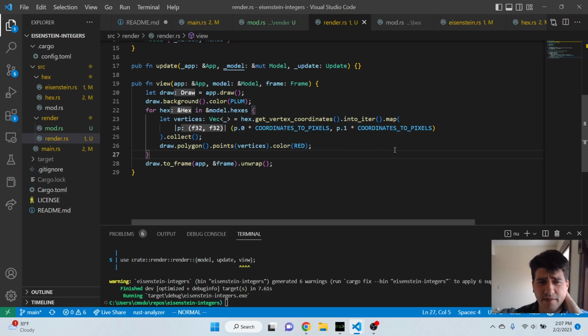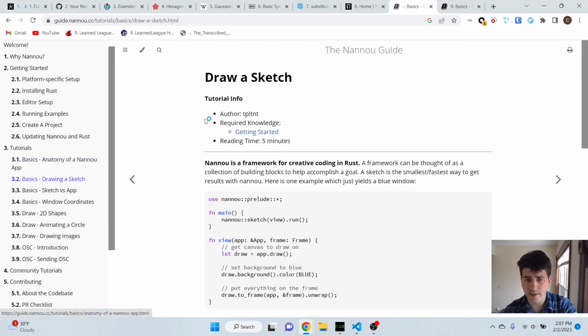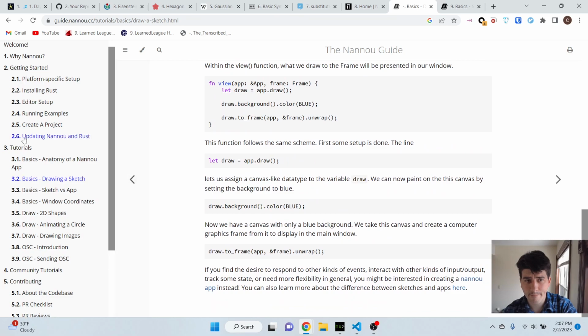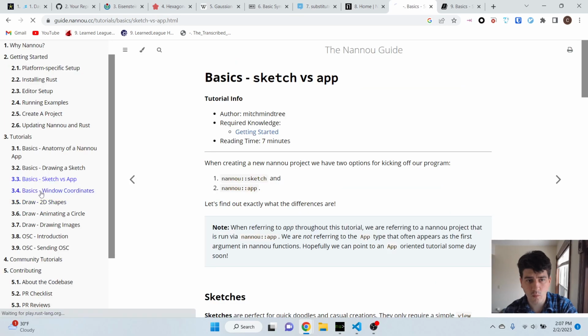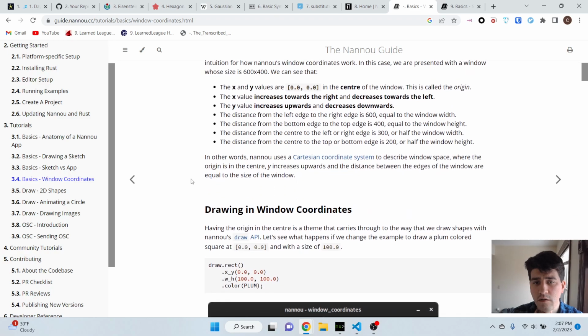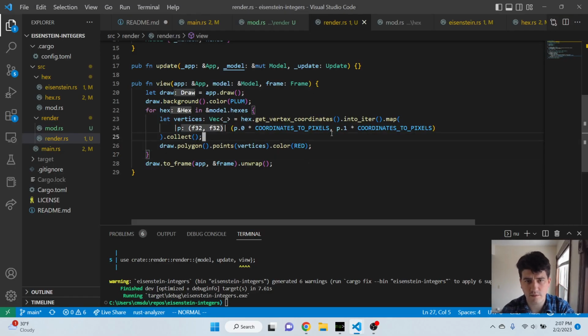I think Nannou might go from the top left down. Window coordinates 100, 100. Oh no, it goes from the bottom left. X and Y are at the center, increases towards the right, decreases towards the left, increases upward. Okay, cool. So those are right.